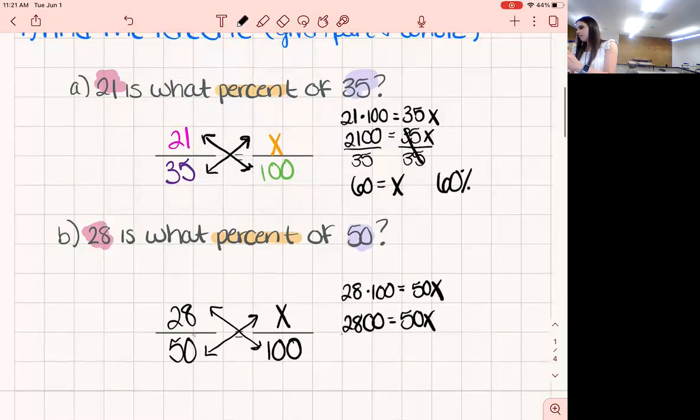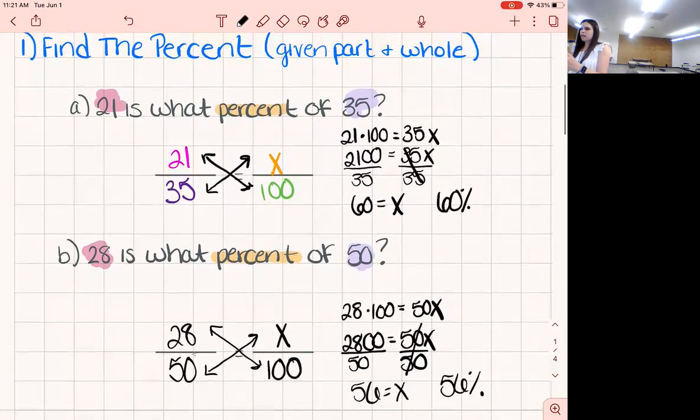We divide by 50, we divide by 50. We are going to get 56. 50s cancel, 56 equals x. So our answer is 56%. So that is finding the percent.